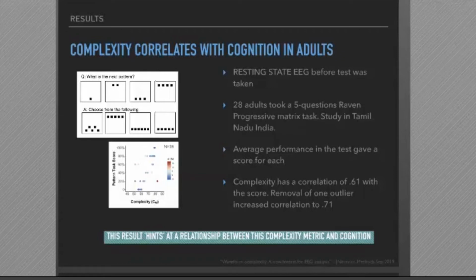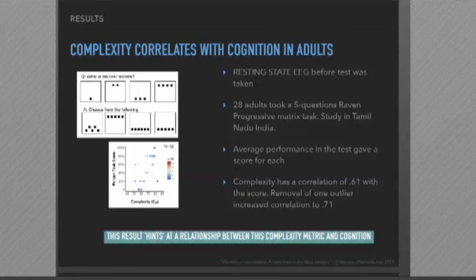And as you can see, this one individual with the complexity over 80 is skewing this a bit. And once we remove this outlier, the waveform complexity correlation goes up to as high as 0.71. And this result, of course, hints at a relationship between the complexity metric and cognition as measured by this pattern completion test.